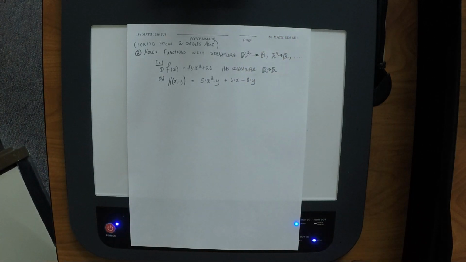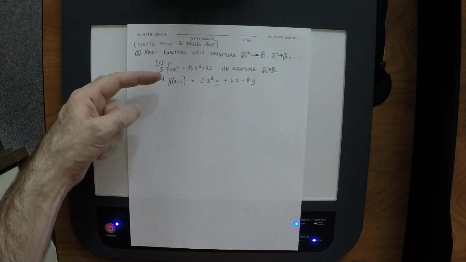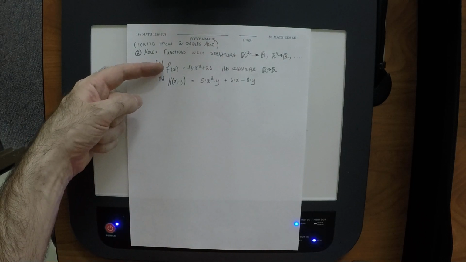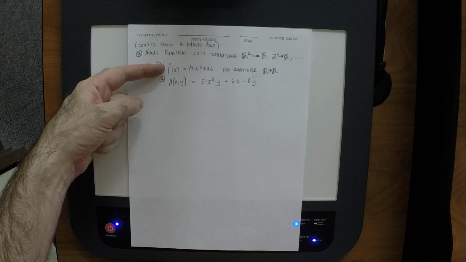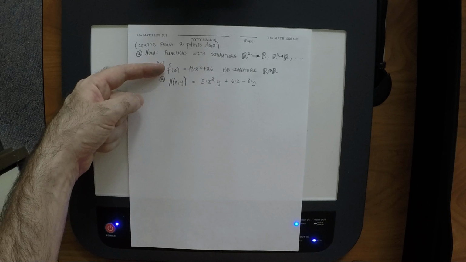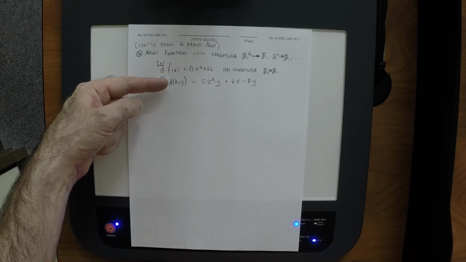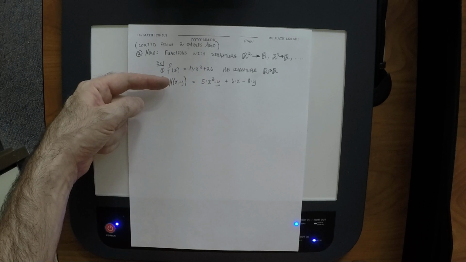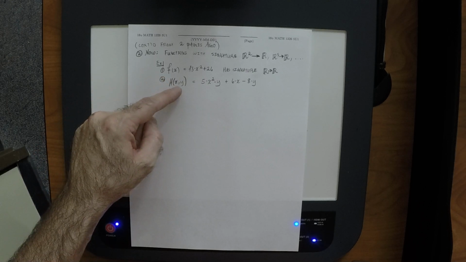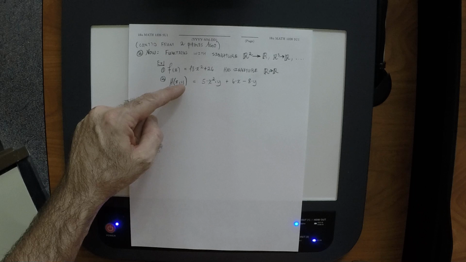What I want you to observe is that, unlike what we were dealing with up to and including last class, this function has two named inputs. One of them is x and the other y.